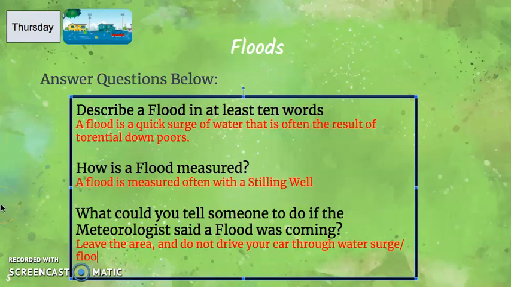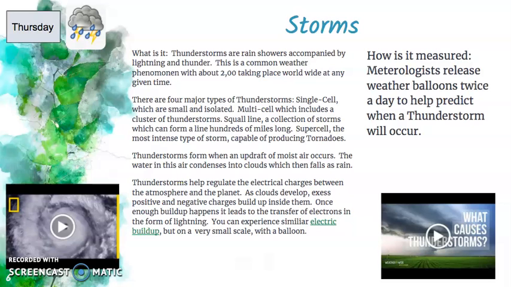Oh, flood. There are some interesting facts. I think it's like just 2 feet of water can float your car, which is crazy. And half of all deaths from floods actually happen in cars, is what the data says. Data is something you can analyze. How do you get data? You do it with scientific measurements, such as a stilling well.